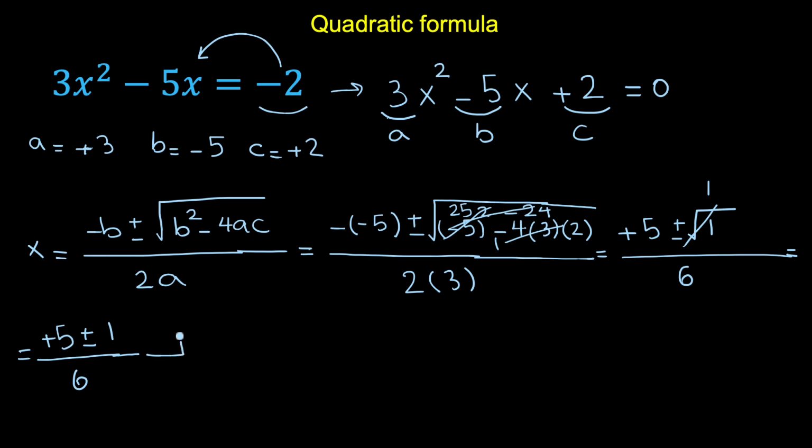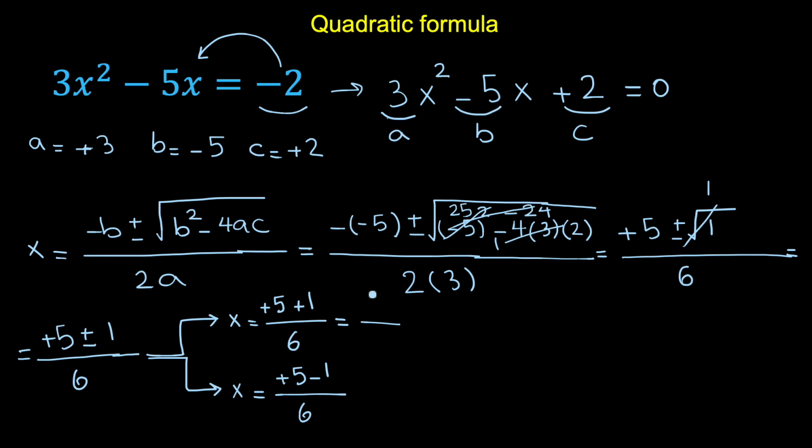And here, because we have two signs, we finally have two answers. So one of them with positive, 5 plus 1 divided by 6, and another with negative, 5 minus 1 divided by 6. So here 5 plus 1 equals 6, divided by 6, which is 1, and here 5 minus 1 equals 4, divided by 6.